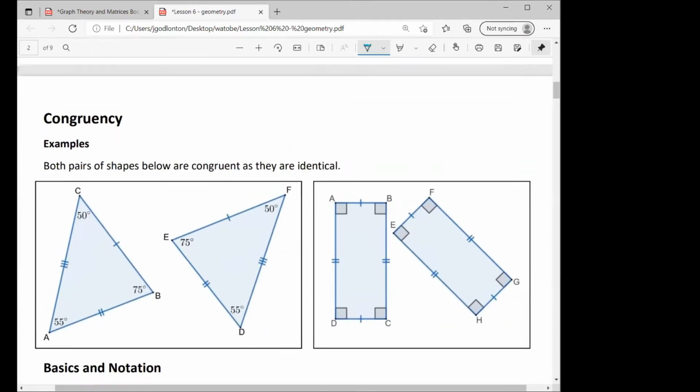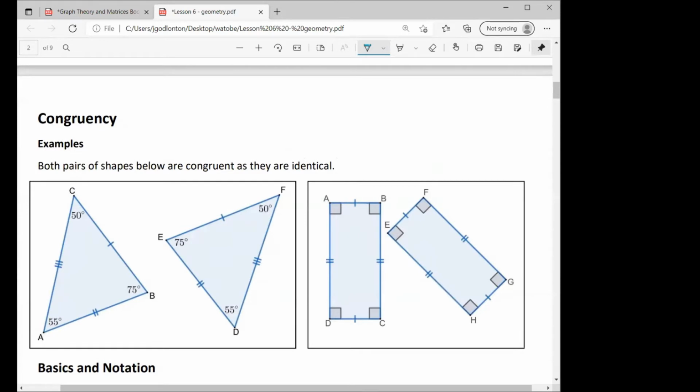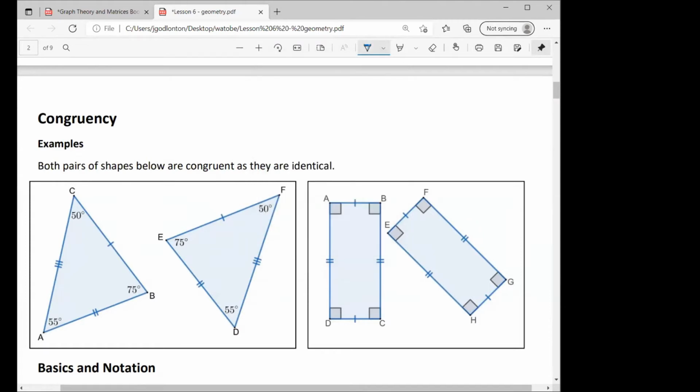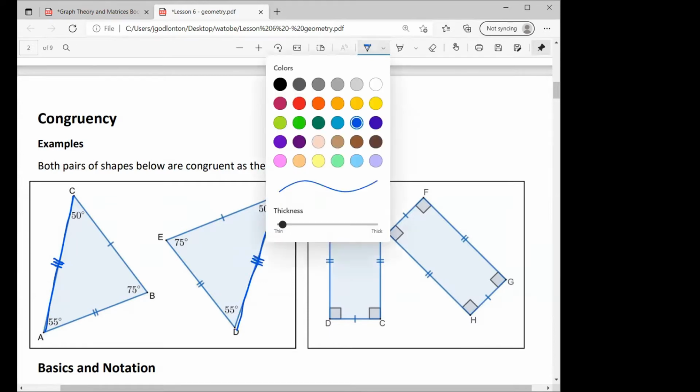So these two shapes here, well, two pairs of shapes. If we look at this first box, we're looking at these two triangles. So we're looking at ABC and EDF. And let's see how we know that these are congruent. I'm telling you that they are, but now let's assess how we know that they are. This line here has got 3 of these little lines, which is telling us it's exactly the same as that line with also the 3 little lines.